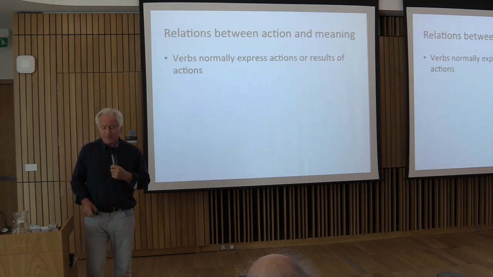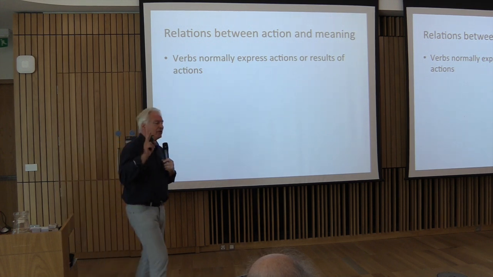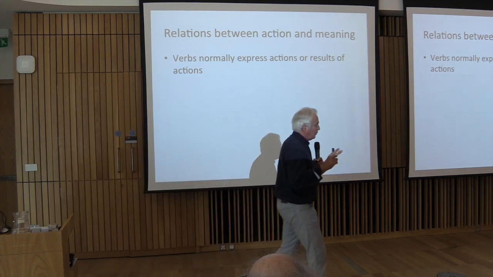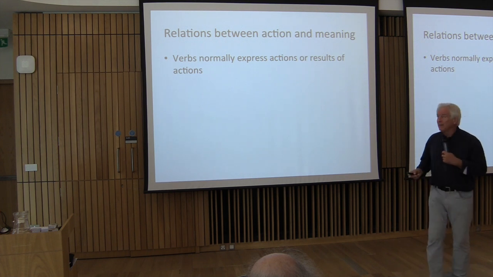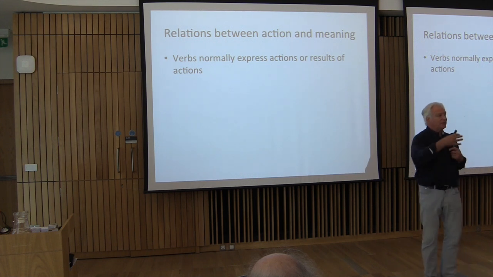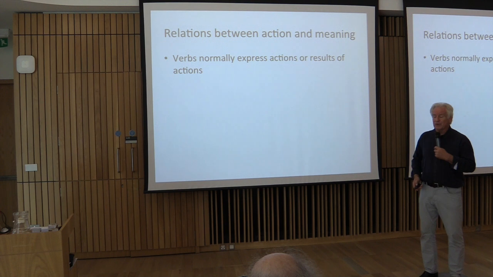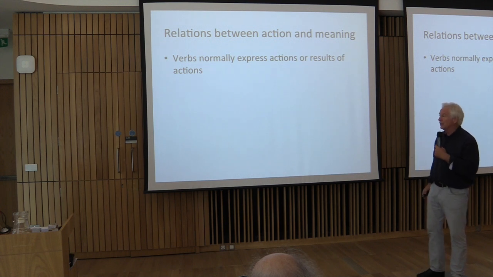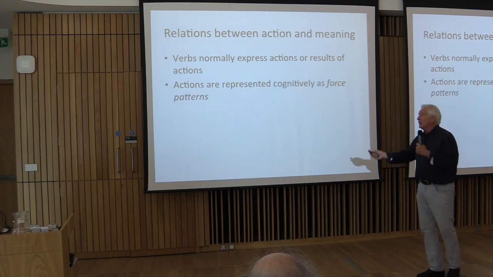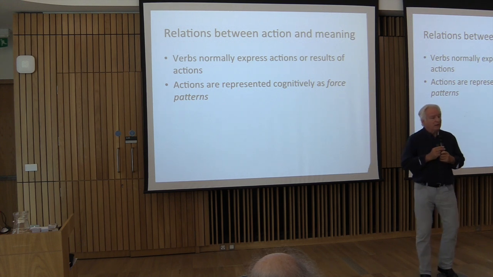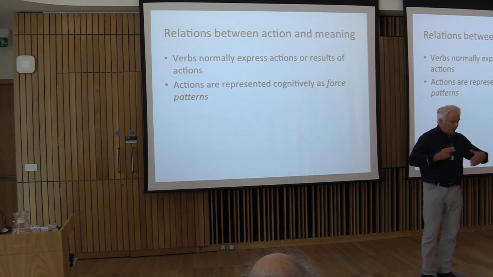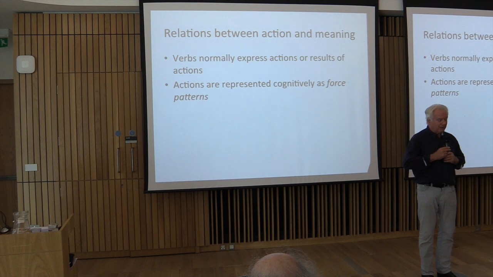Now verbs express actions, but there are actually two kinds of verbs. There are what are called manner verbs, and that is how you do something. And then there are result verbs. That is the result of an action. And I will talk quite a lot about this distinction between manner verbs and result verbs. Actions are represented cognitively as force patterns. When I walk, I have a pattern of moving my legs and my arms, and it's maybe a bit regular.